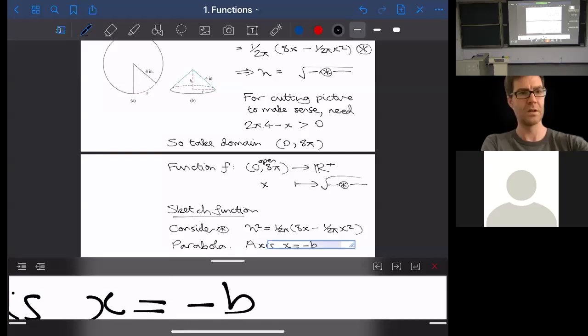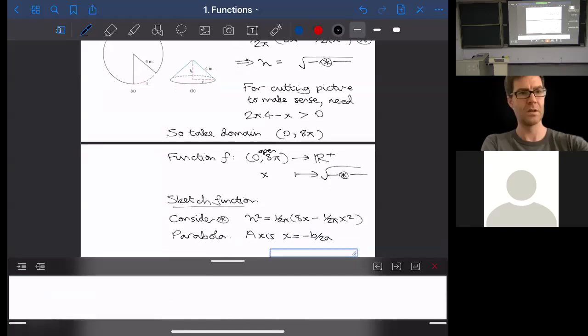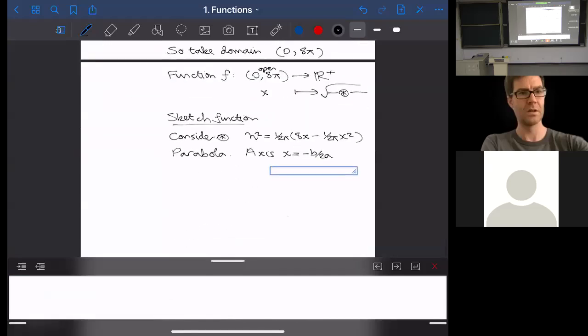So that was minus b over 2a. And minus b is the coefficient of x, which is minus 8 times 1 over 2 pi, but that will cancel.